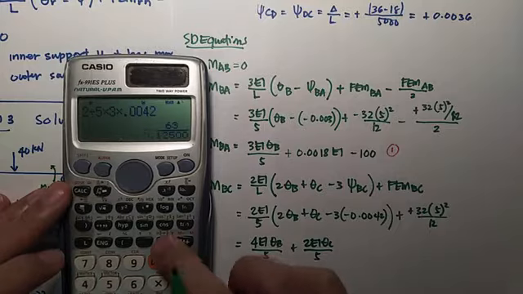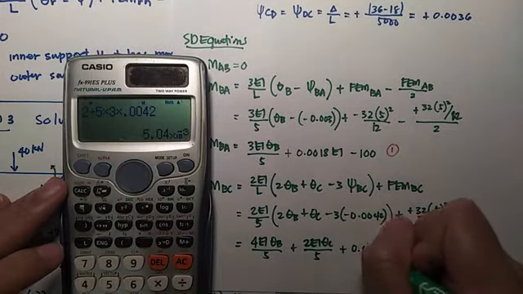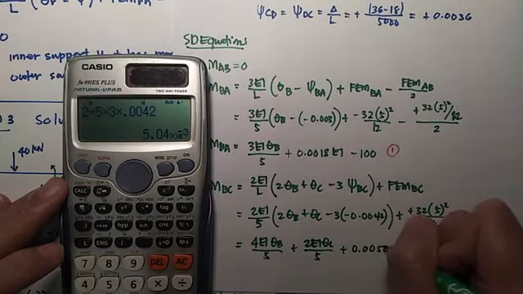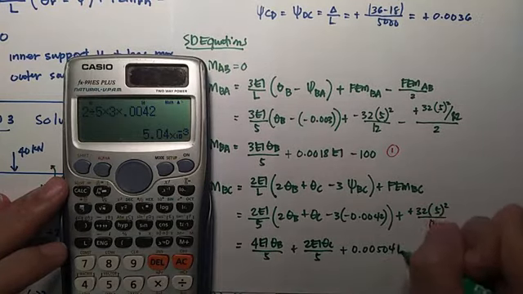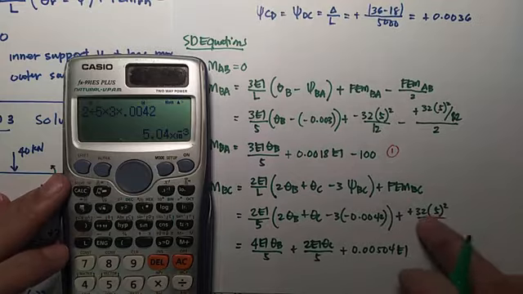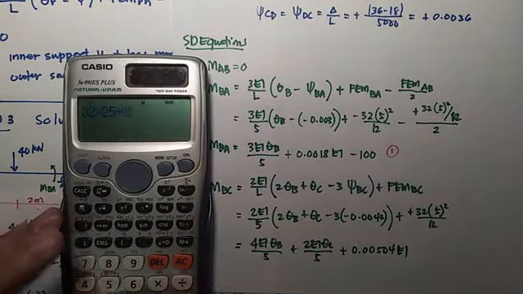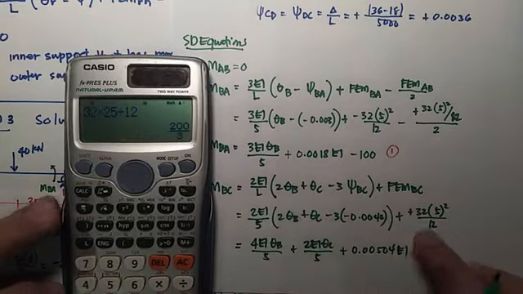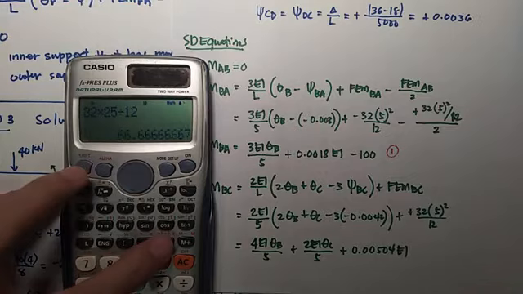Okay, so that would be plus 0.00504 EI. Okay, then this one is 32 times 5 square over 12. So that's 200 over 3.